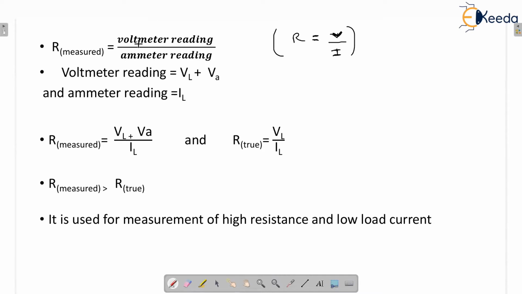So substitute these values in the equation: R measured is equal to VL plus VA by IL. And R true is the voltage across the load and current through the load.